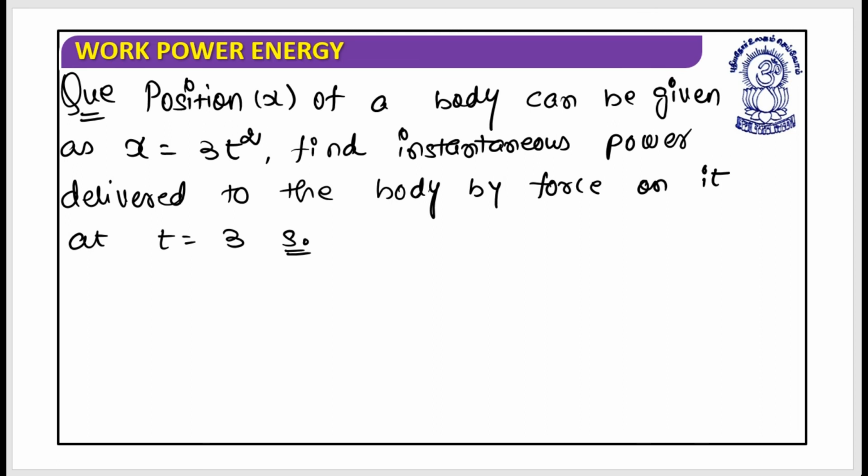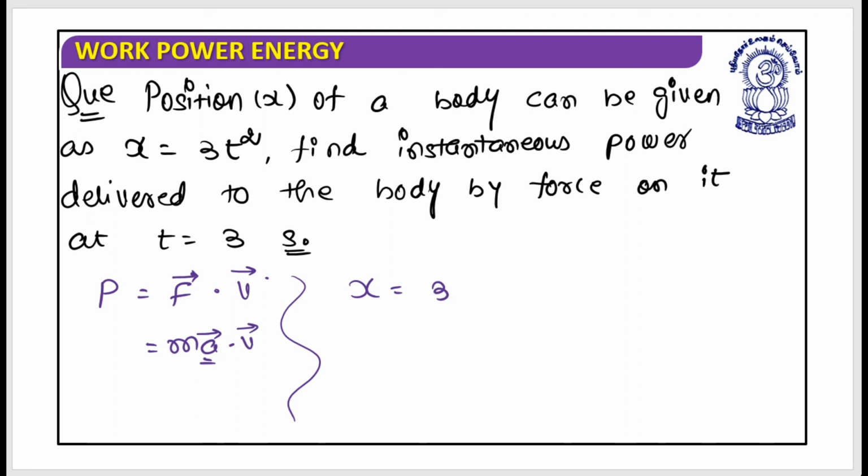Now for the instantaneous power, we understood that it's F dot v, and this F can be calculated with the help of m into a. So my first task is to calculate acceleration. How could I do this? I have x which is equal to 3t square. So let's differentiate it and get the velocity.